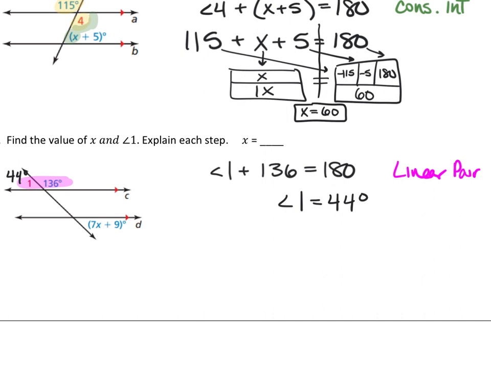We now need to figure out a relationship between angle 1 and that thing with the x attached to it. So let's look at our document. Is there a relationship between angles that are basically on the opposites? They're on the outside of the parallel lines and on opposite sides of the transversal. What is that called?